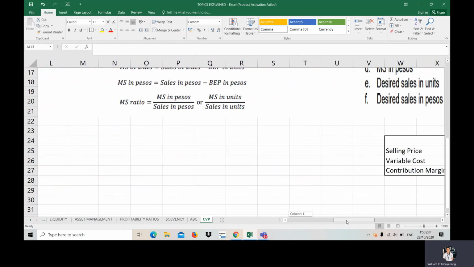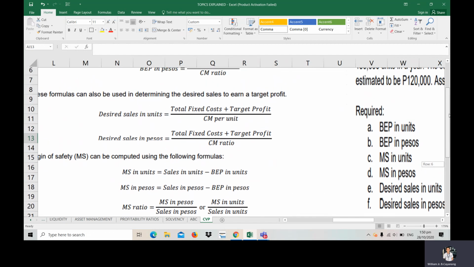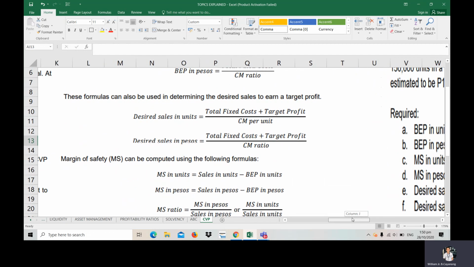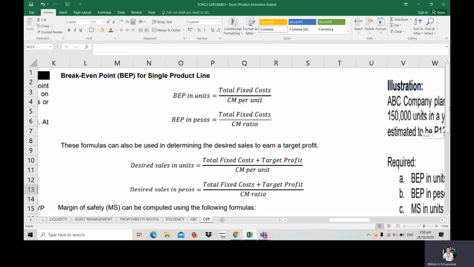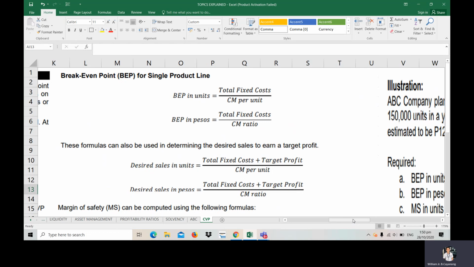Now, we have different formulas in solving your break-even point. So we have the break-even point for single product line. We are just using a single product line here, which is the easier one, kasi if you have many products, we have sales mix, and the computation of the break-even point is complex.